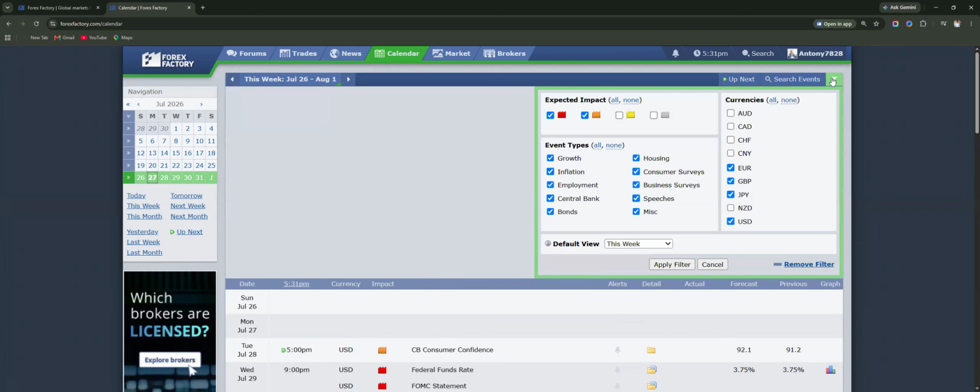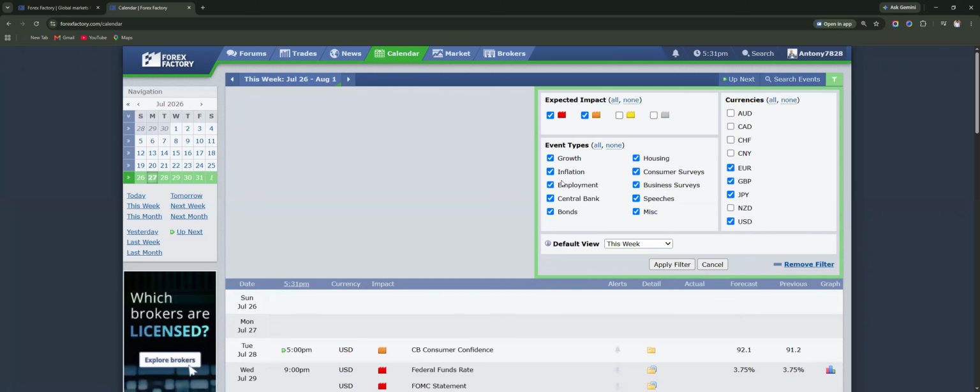Once you click on that filter, you are going to see the expected impact. You have high impact, medium impact, low impact, and then no impact at all. These are the only news that I need you to tick: the high impact news and the medium impact news, because that is what is going to bring some impact to the market.